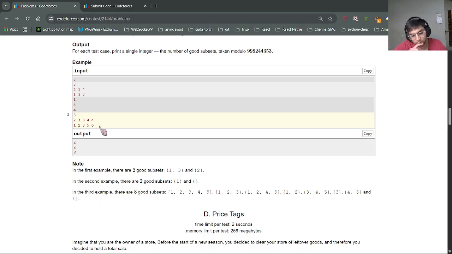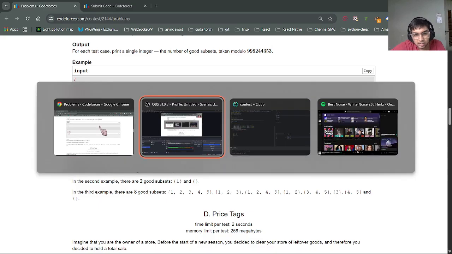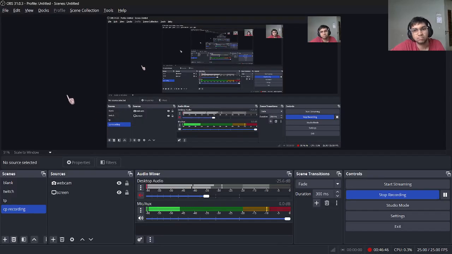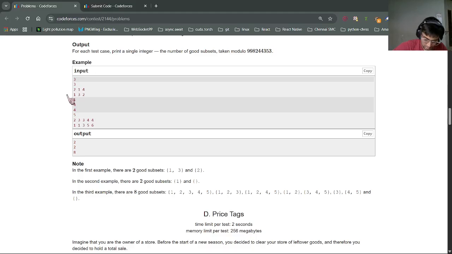So 2, 4 is greater. 5, 3 also. So 2, 4 is independent, I would say. 5, 3 is independent, I would say.